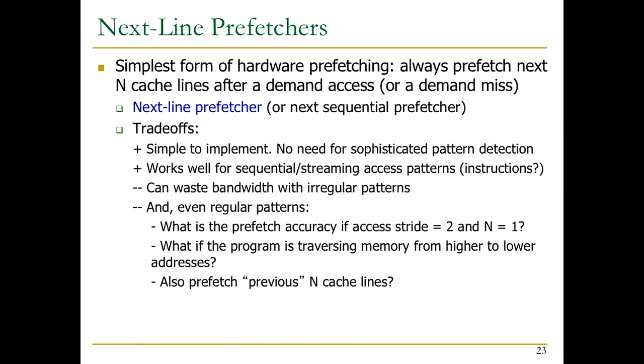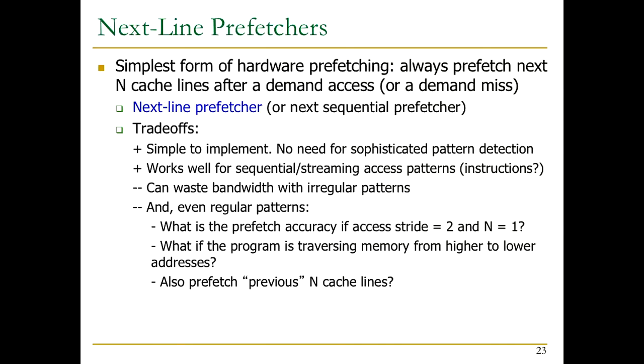But if you always prefetch the next one, then you have a problem, right? Your accuracy is 0 in that case. You're always prefetching the thing that you're not going to use. Now, if your access stride is 2, and if n is 2, your accuracy is 50%, but you got lucky. If your access stride is 3 and n is 2, again, you're back to 0%. So this is very inflexible, as you can see, right?